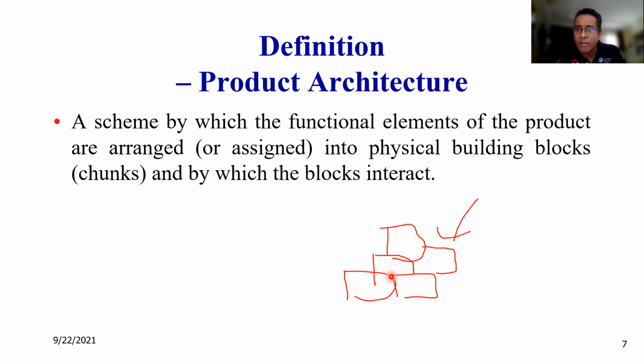The architecture of the product is the scheme by which the functional elements of the product are arranged into physical chunks and their interaction among them. They have an interaction among themselves for every chunk. So that is the definition of the product architecture.